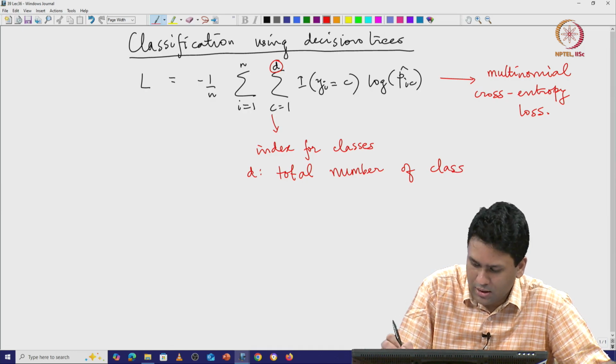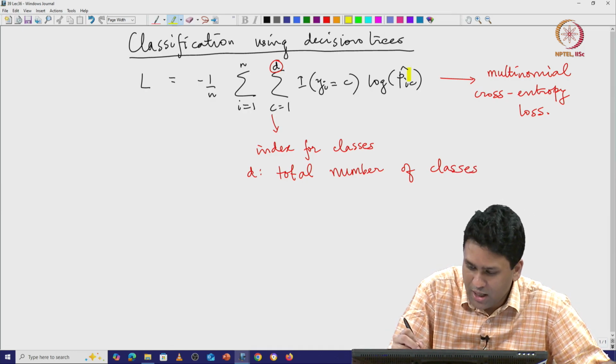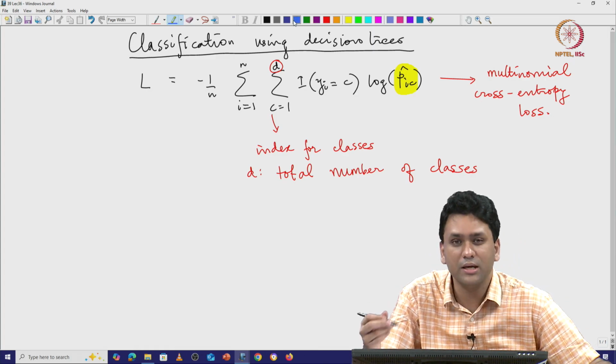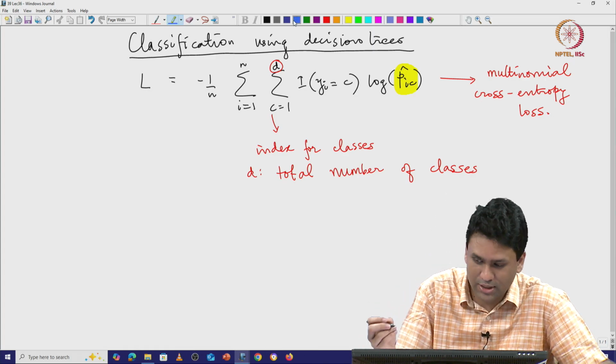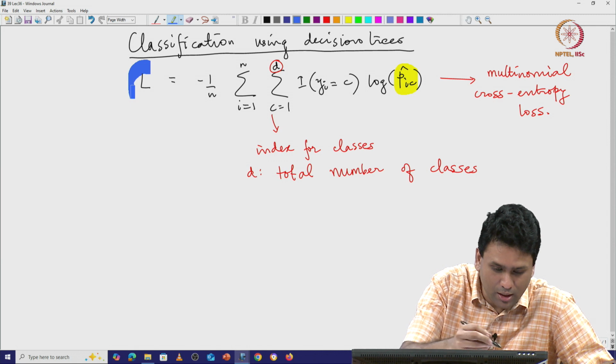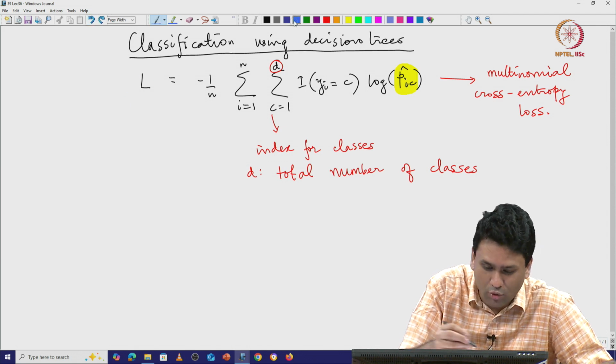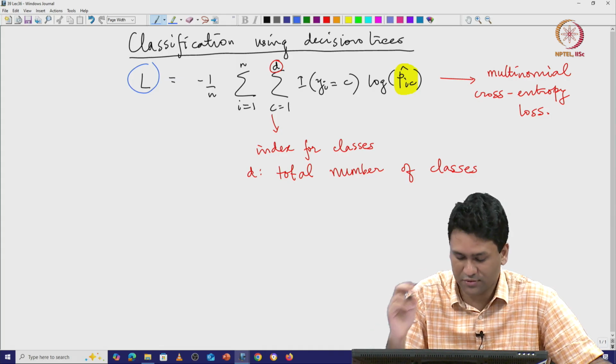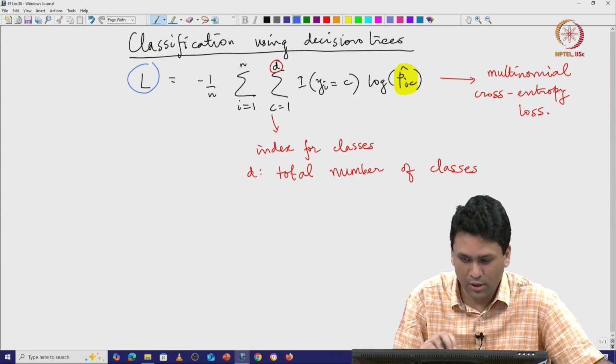And finally, as we discussed, this p_ic hat is the predicted probability that point i will belong to class c. So this is the loss function that we need to use when we want to train any sort of multi-class classification ML model.